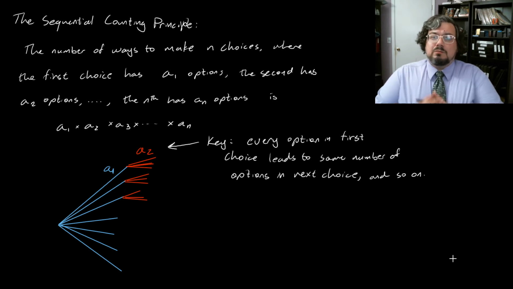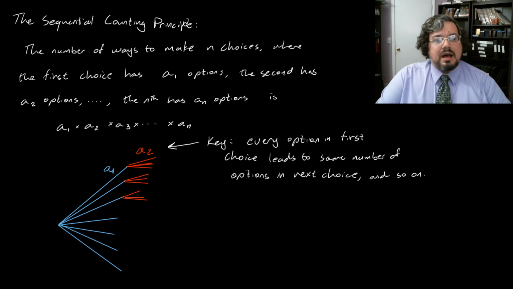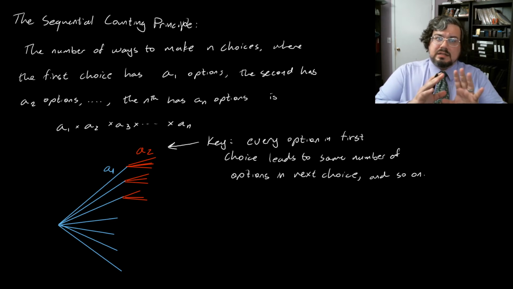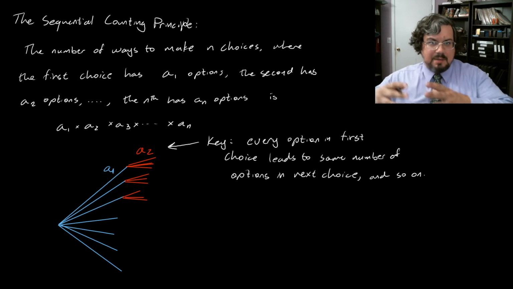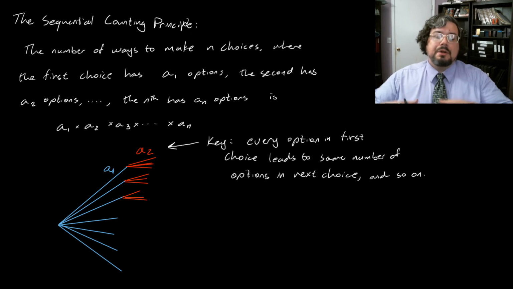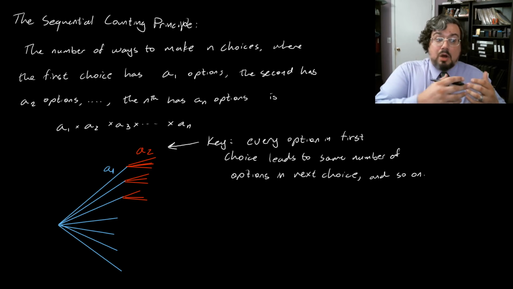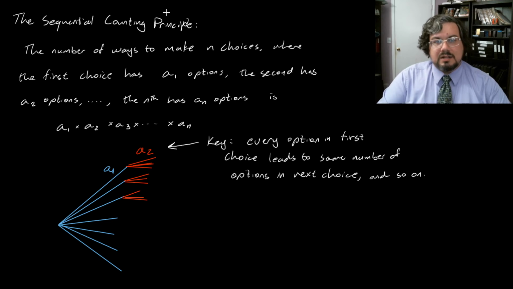So let me work with a few more examples. The first one is important because it's different from our first example. In our first example with the farm breakfast, every choice that you made had exactly the same options, no matter what options you had made in the previous choices.